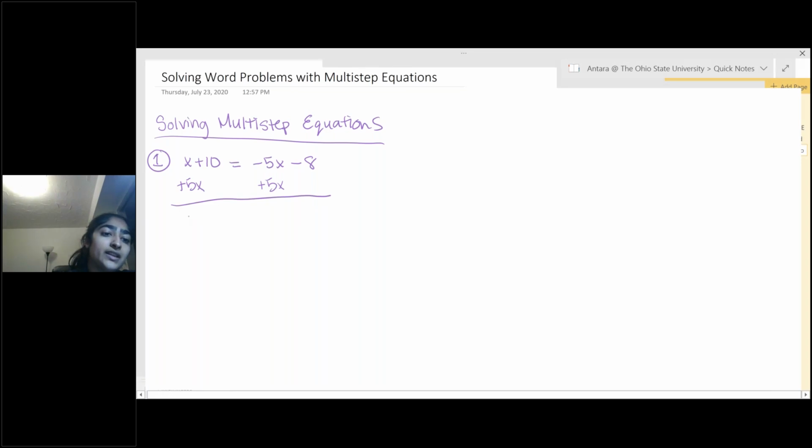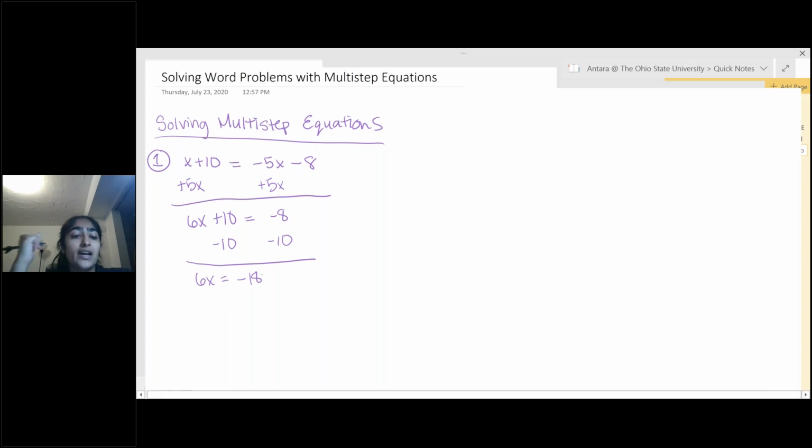When you do that, we get 6x plus 10 equals negative 8. Now we have to isolate the variable term, so we need to get rid of this 10. We do the inverse operation, which is to subtract 10 from both sides, and here we get 6x equals negative 18.